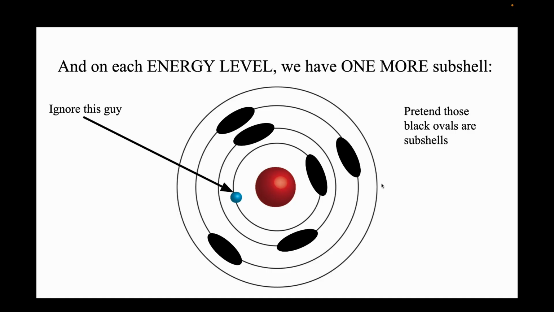We will have an S subshell, a P subshell, a D subshell, and then an F subshell. This is going to have 7 orbitals, 14 electrons total. So you can see the pattern. It's increasing by odd numbers: 1 orbital, 3 orbitals, 5 orbitals, 7 orbitals, 2 electrons in each.